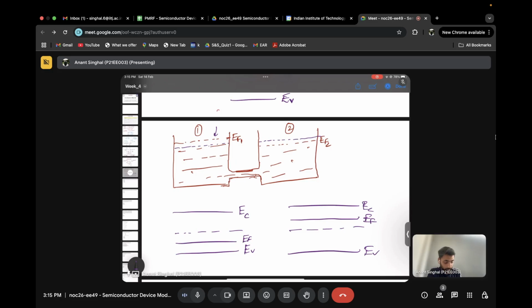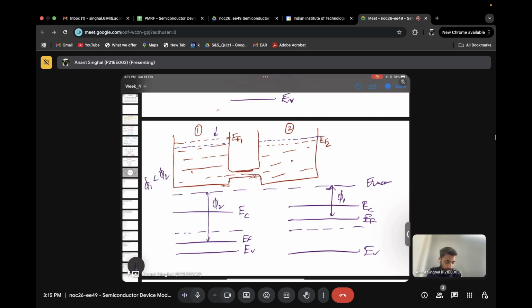Now what will happen? I'm also making the vacuum level. We've understood that this is the work function, which is the difference between the Fermi level and the vacuum. Let's say I'm denoting this as phi 1 and this as phi 2. We can clearly see that phi 1 is less than phi 2.